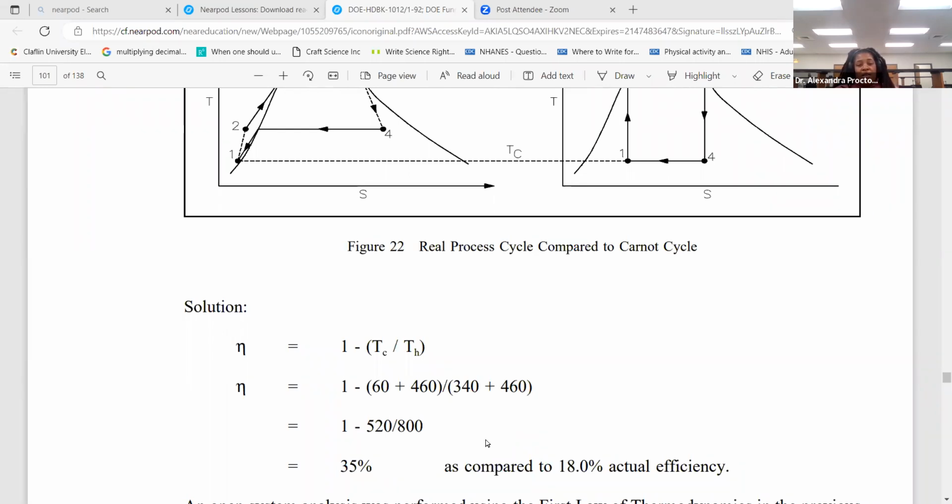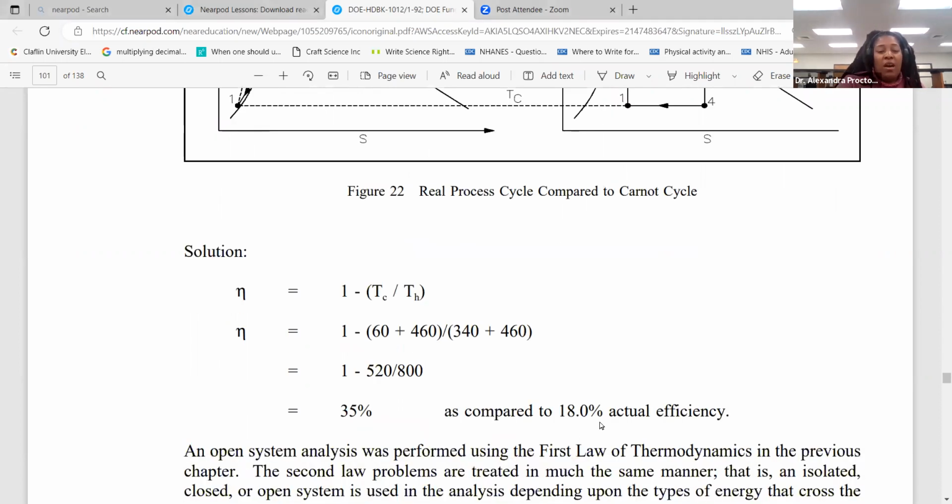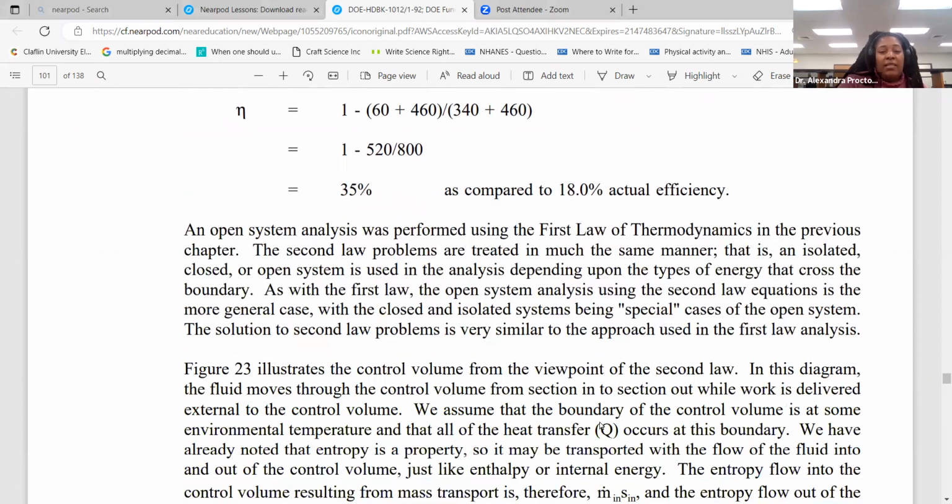And then they went ahead and simplified. So 1 minus 520 divided by 800 is 35% Carnot calculated efficiency, compared to 18%, which is the actual efficiency. Okay. And so we always said that the system efficiency will never reach its maximum efficiency.